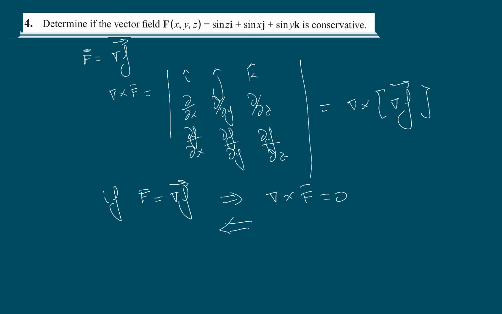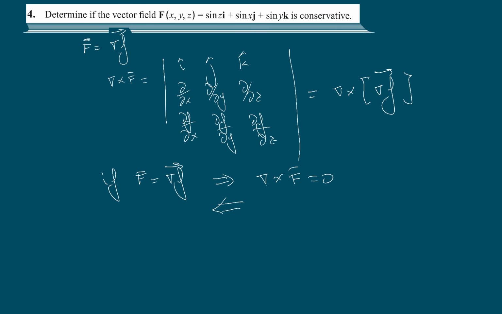So let's go to the problem. The problem says determine if the vector field is conservative. Well, what we will do is determine if the curl is zero. If the curl is zero, the vector field is conservative.